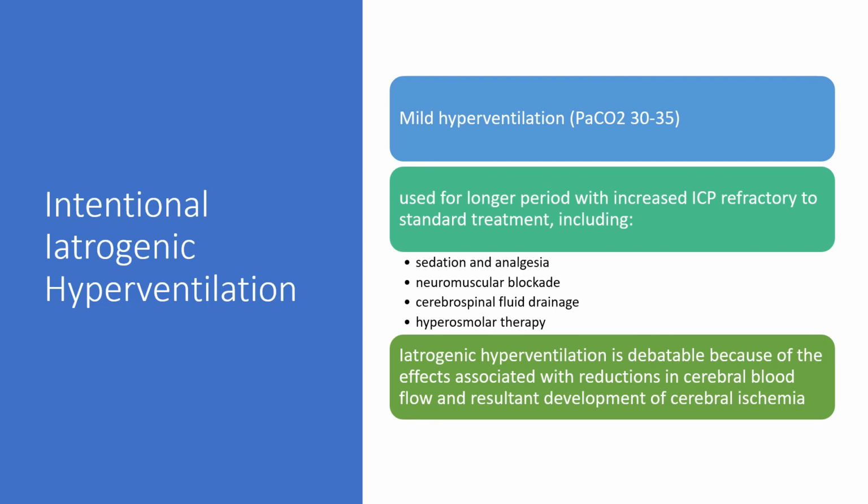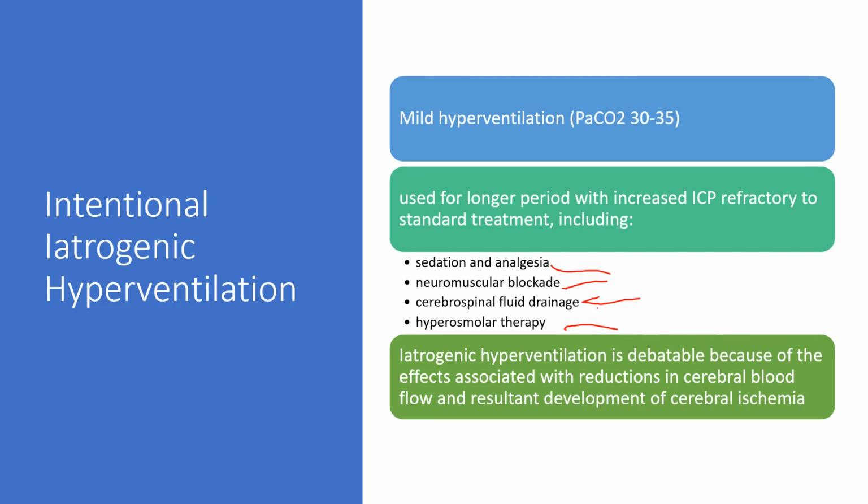Yes, you can, but only after these fail, like sedation, putting them on a paralytic, draining the cerebral spinal fluid, or doing hyperosmolar therapy, right? So after those things, then you can pull that card out of your toolbox and see what they think about it. But until then, we're going to use those tools, right? This is the last tool in the toolbox, is to take that CO2 to 30 to 35 range level out.